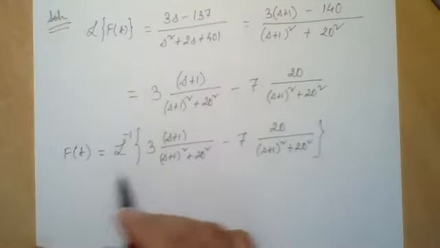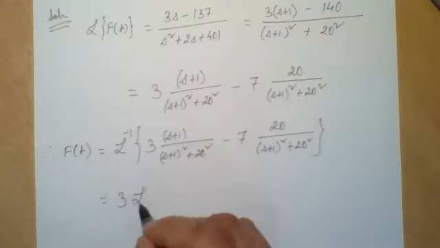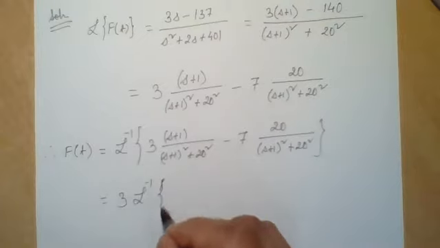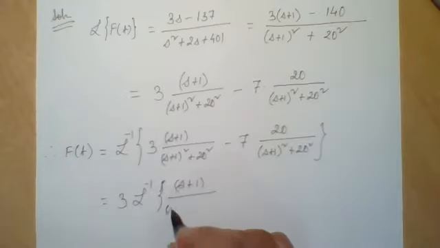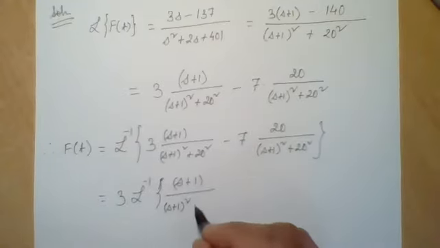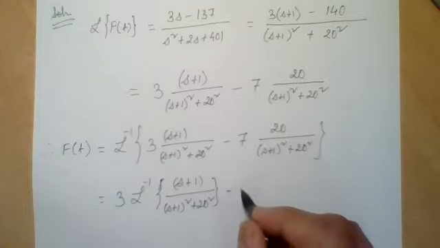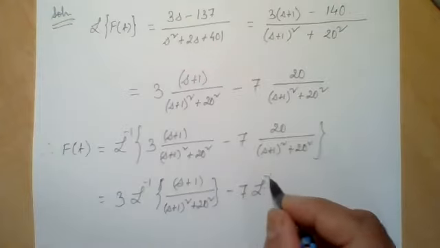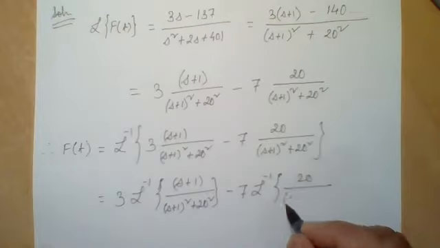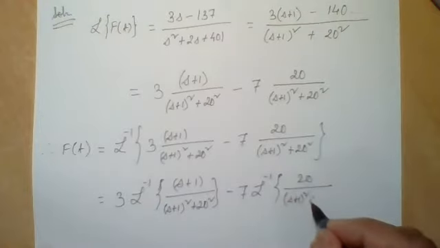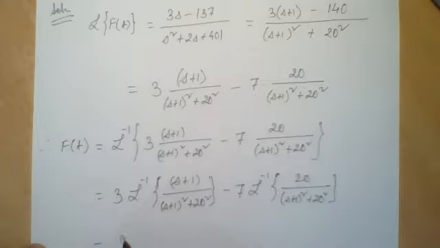Okay, so that means this is nothing but 3 times the inverse Laplace transform of (s plus 1) divided by (s plus 1) whole square plus 20 square, minus 7 times the inverse Laplace transform of 20 divided by (s plus 1) whole square plus 20 square.